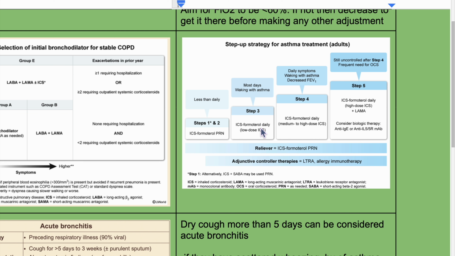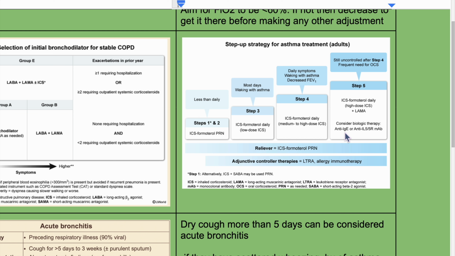Then if that's not helping and they still have difficulty breathing, this is where you go to step 4. ICS-formoterol daily. So now you're doing this on a daily basis, where ICS is going to be medium to high dose. So daily symptoms, waking up with asthma, and decreased FEV1. Okay, and if that is still causing symptoms, then you go to step 5, ICS plus formoterol daily, high-dose ICS, plus you're going to add LAMA here.